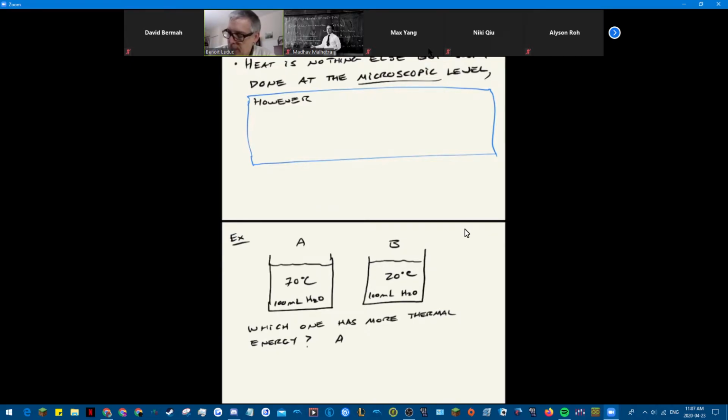So A, because on average, the water molecules have more kinetic energy, because of the higher temperature.